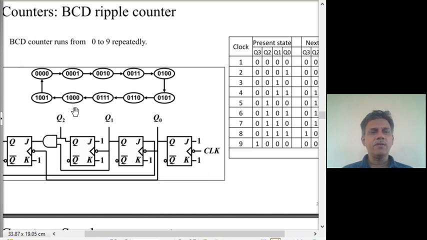Basically, we started off with a binary counter, a mod 16 counter, but we ensured that after the number 9 is reached, we go back to 0 and we don't proceed to 10.